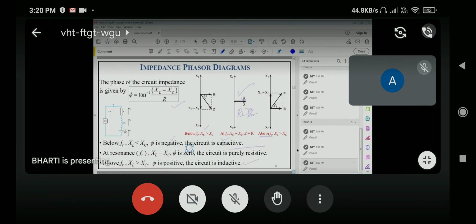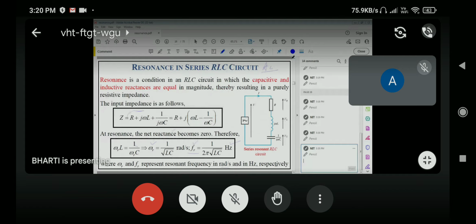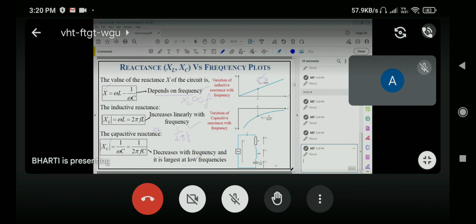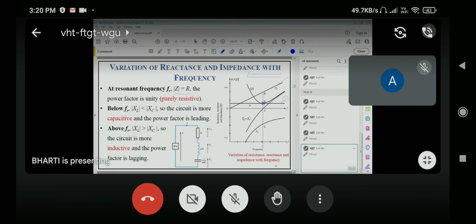So firstly, what you need to understand in this is what we mean by resonance, then how you can calculate the resonant frequency in two terms. Then the different relations of the circuit parameters with frequency. Then we can see a graph, that is the variation of resistance, reactance, impedance with frequency. You should know this.